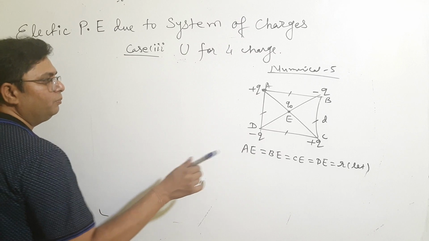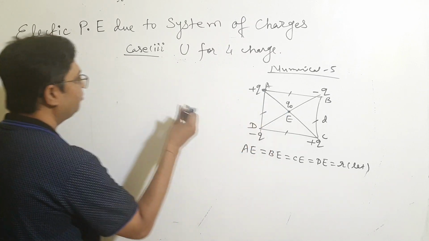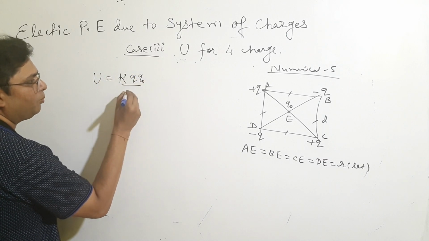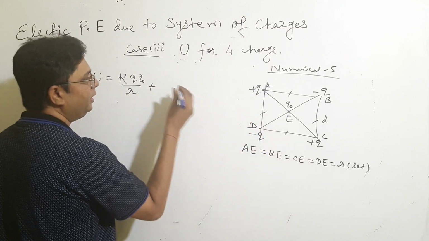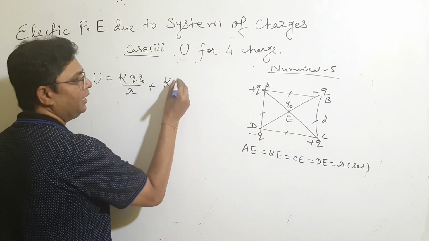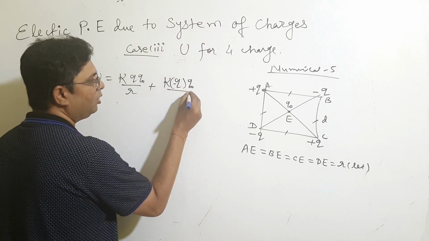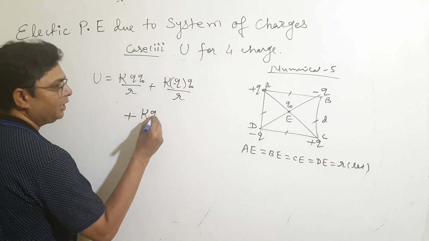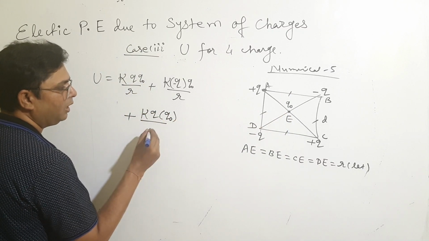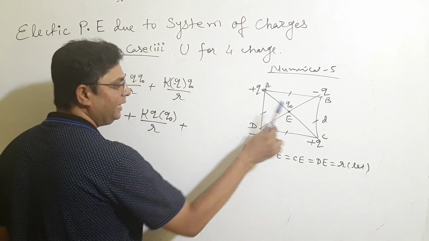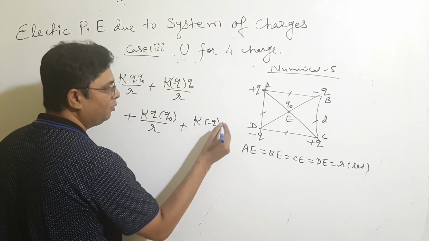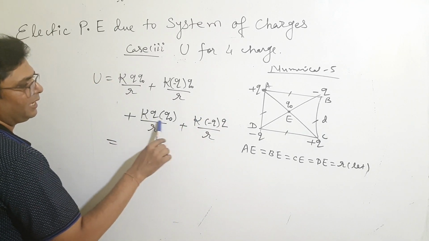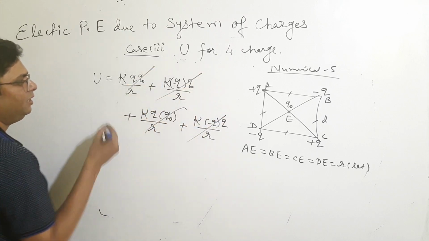So potential energy here is K Q naught upon R due to these two charges A and E. Due to charges B and E, it is K minus Q naught upon R. Due to charges C and E, you have K Q naught upon R. Due to charges D and E, you have K minus Q naught upon R. See, these terms will cancel each other, so the answer will be 0.